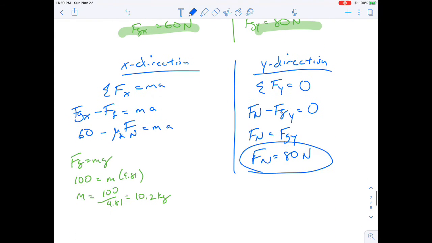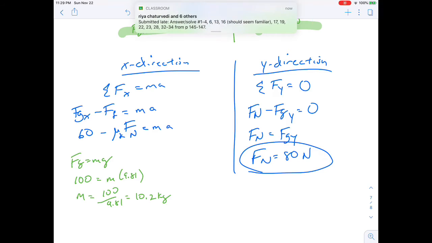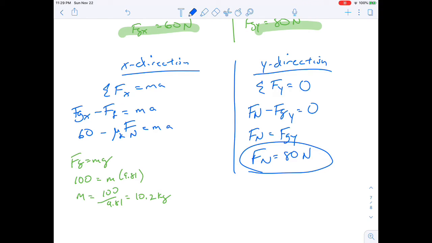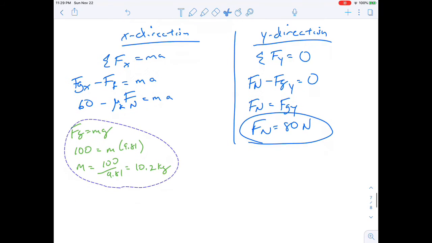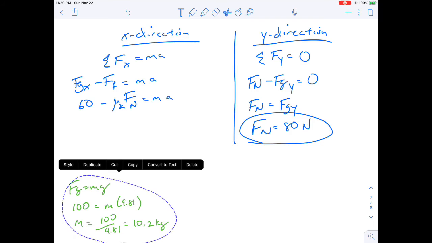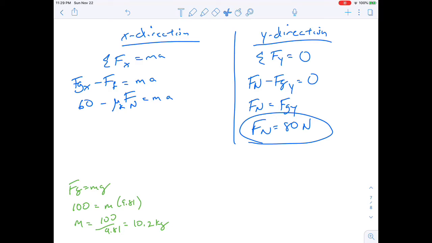And okay, well that's fine. And now we know this stuff, right? I'm going to move this mass calculation down. This mass calculation is still the same thing because I still have the 100 Newton box. So 60 minus mu 0.100 times the normal force.